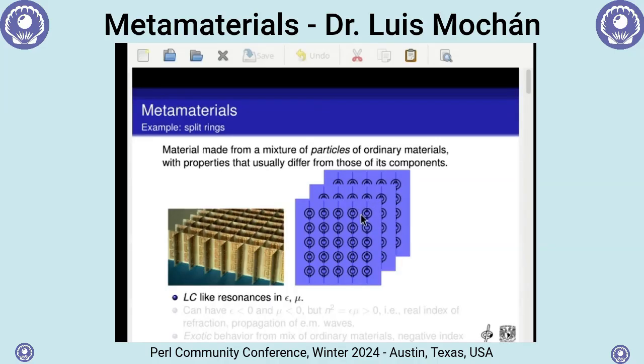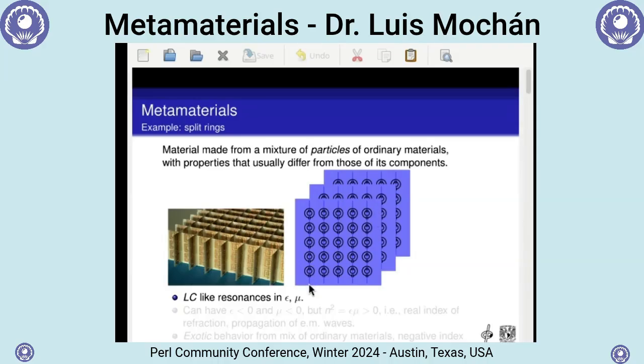But then these currents are interrupted, so you have charge accumulation, and this charge accumulation behaves like in a capacitor. So you have a kind of electronic circuit that has inductors and capacitors, and that has resonances. It has an electromagnetic resonance at some given frequency that depends on the geometry.